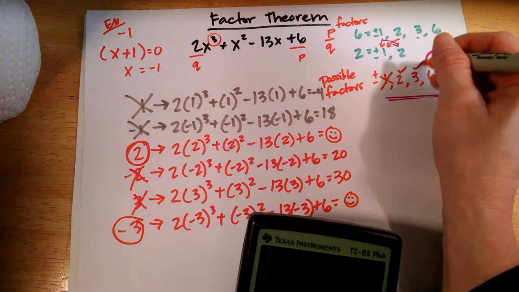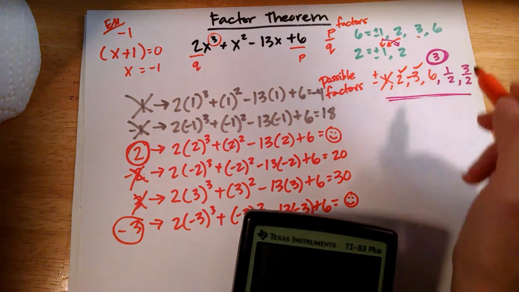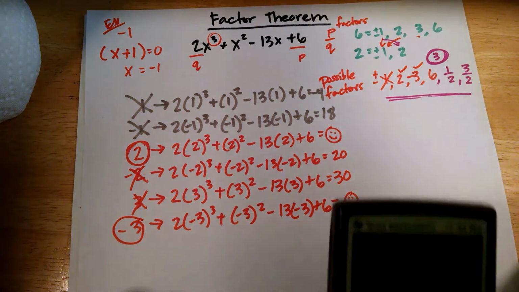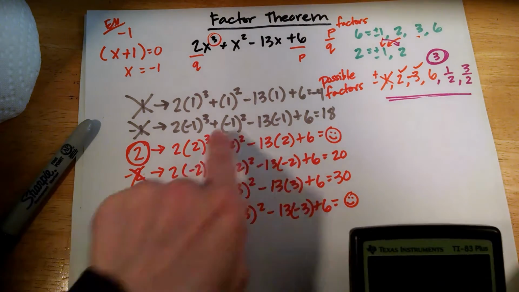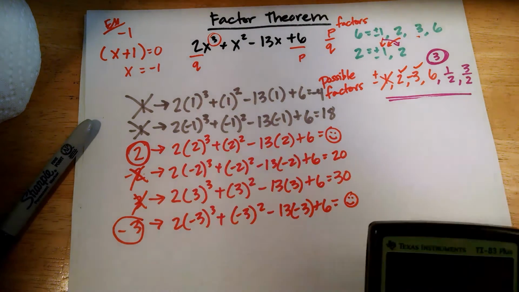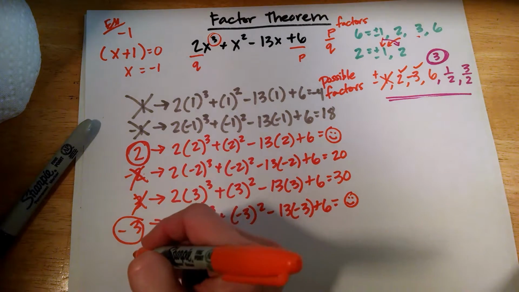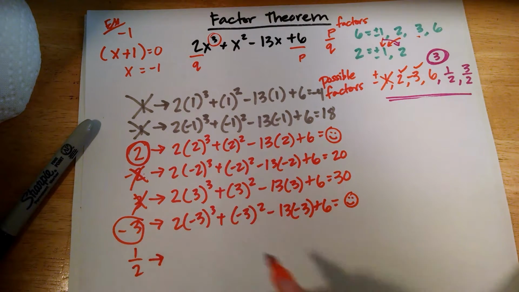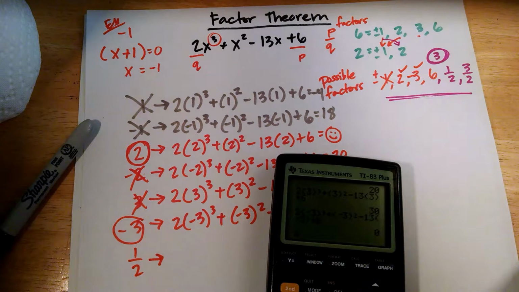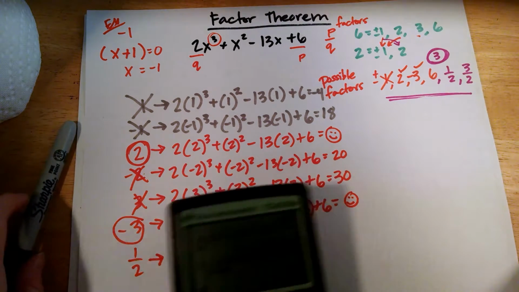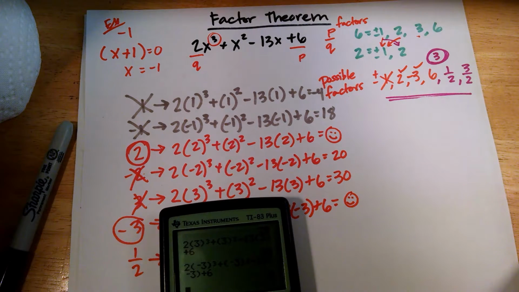So I've got that, negative 3. I can do 6, but I'm going to skip ahead to the fractions here because whole numbers are pretty easy to work with. Let's try our fractions here. So let's go with 1/2. So you can plug it in the same way with the calculator, or again, you can use long division or synthetic division. There are videos on those if you need help with that.